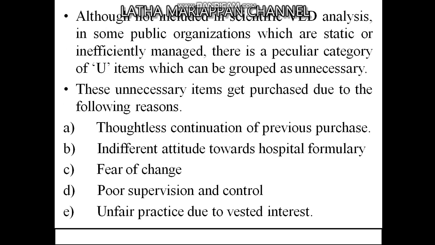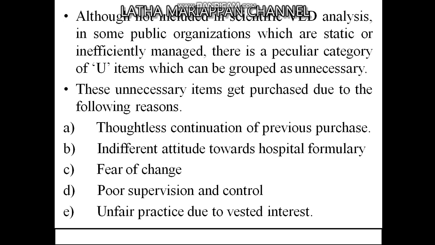Although not included in scientific VED analysis, in some public organizations which are static or ineffectively managed, there is a peculiar category of U items which can be grouped as unnecessary items. In certain organizations they have certain items which are named as U items, the unnecessary items.